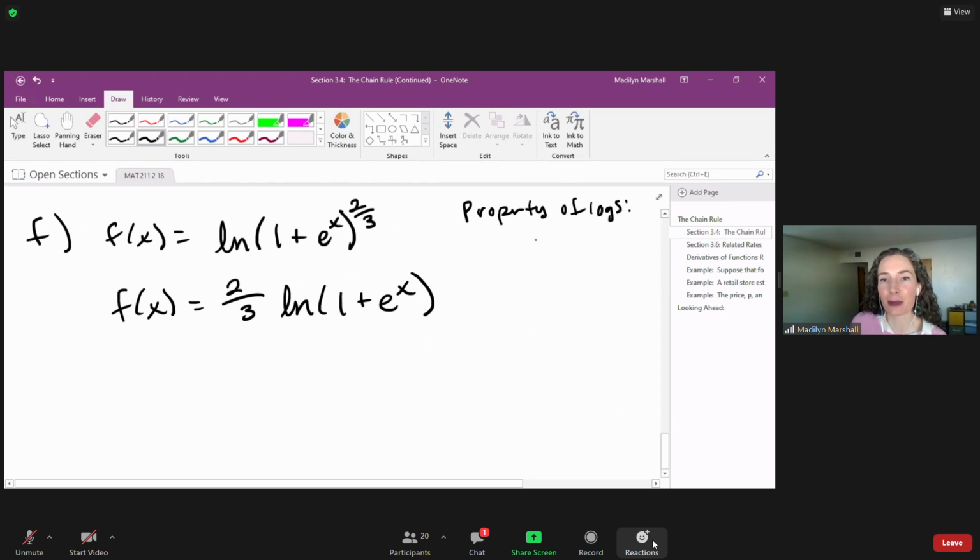Yeah, so this property of logs. I'll just write it in an ln, but this is true for any log. If there's a power on the thing inside the natural log, it can just come down in front. And now it's no longer as complex looking.